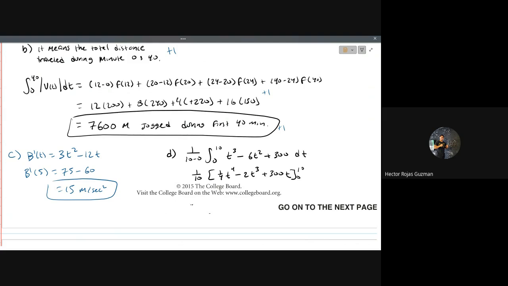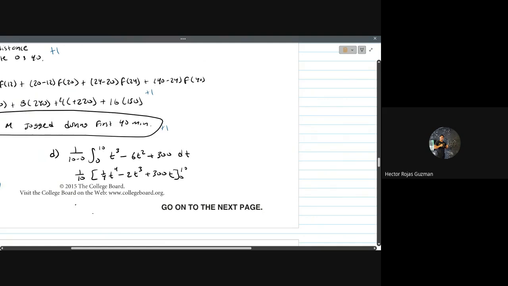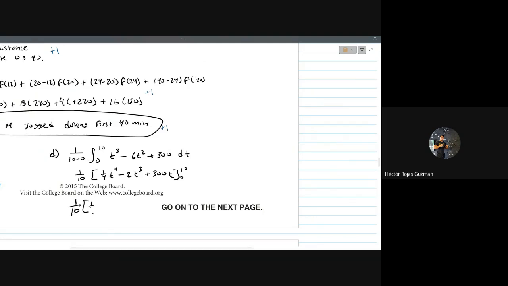I'll skip, I don't know, should I skip the algebra? Maybe not. 1 over 10, 1 over 4, and then 10 to the power of 4, that's going to be 10,000, minus 2 times 1,000, plus 3,000, minus 0. So now we have 1 over 10 times, you know what?